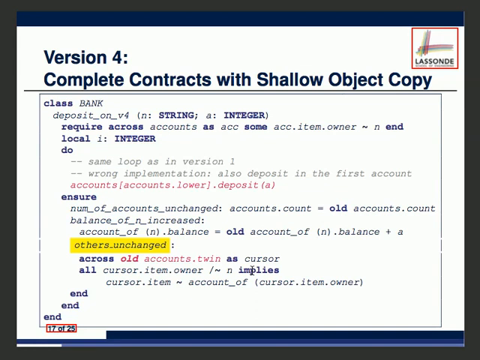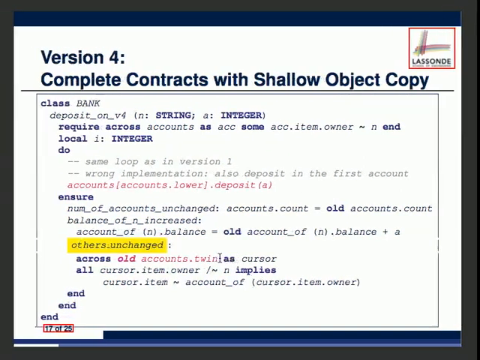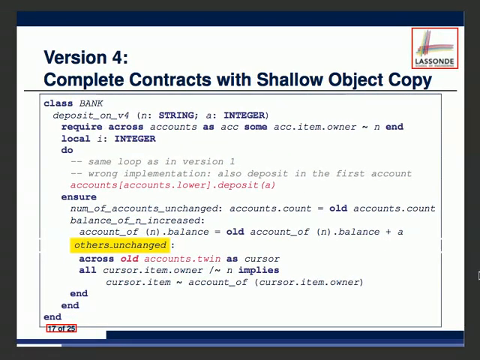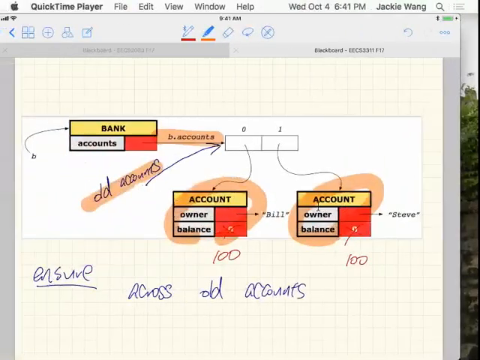Because now we are not really trying to reorganize Steve and Bill in the account, let's say to swap their position. In this case, we are changing the object itself, so it's not going to catch that. Let me show you the diagram. Okay? So now you can see that everything else is the same. I'm just saying old accounts.twin over here rather than just accounts. Okay? So now let's go back there and see how it's going to help.